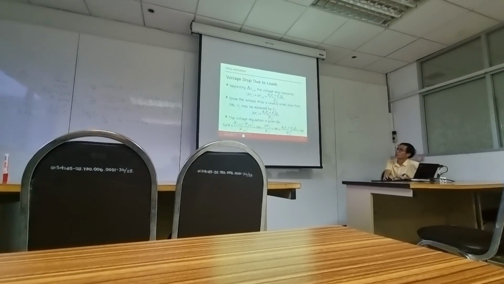According to this equation, you can see that the voltage magnitude ΔVL, this is just the magnitude, will be affected by QL if X is large and R is small. For a high voltage system, usually R is small, right? The reactive power has a lot of impact on the voltage magnitude.